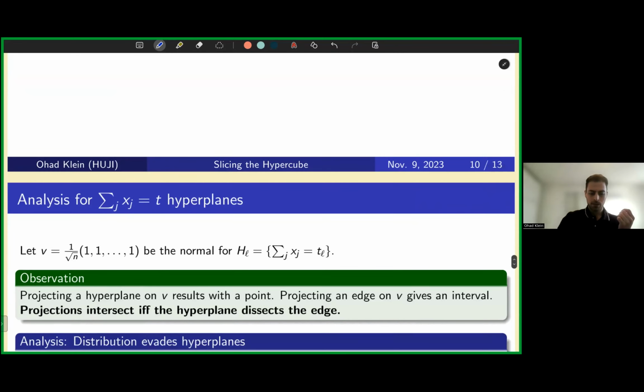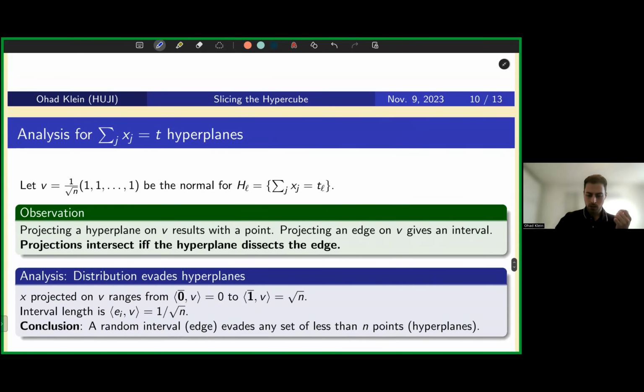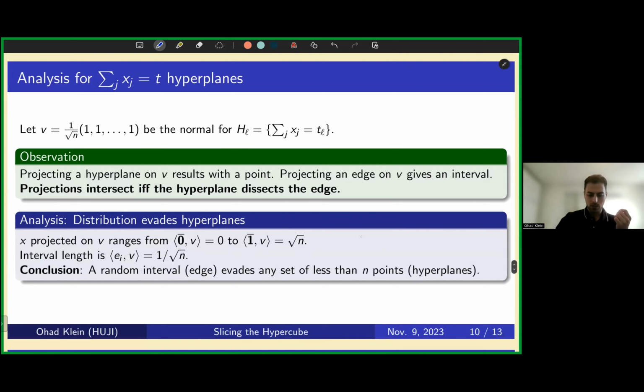So in our example, suppose our random edge was between x and y, and x had uniform distribution of its Hamming weight. Now the projection of x on v ranges from 0 to square root of n.